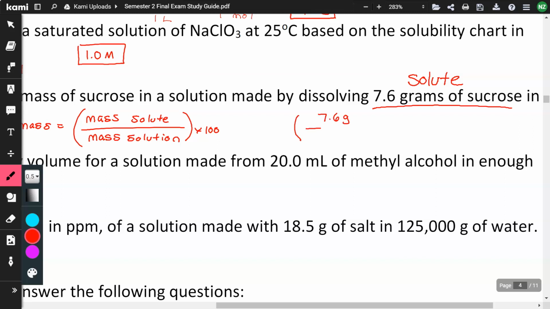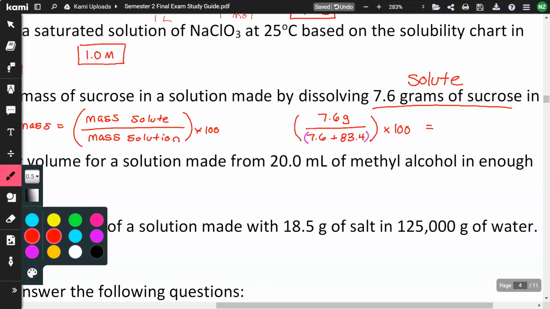That's what we're dissolving. And then our solution is the solute plus the solvent, so that's going to be 7.6 plus the 83.4 grams of water. And then we multiply that by 100. Since we have two things in the denominator, I would definitely put those in parentheses when you're putting this in your calculator. So if you carefully enter this in your calculator, you should get an answer of 8.4%.